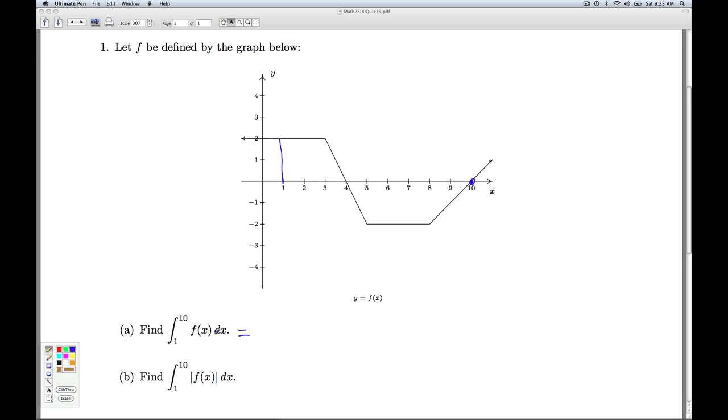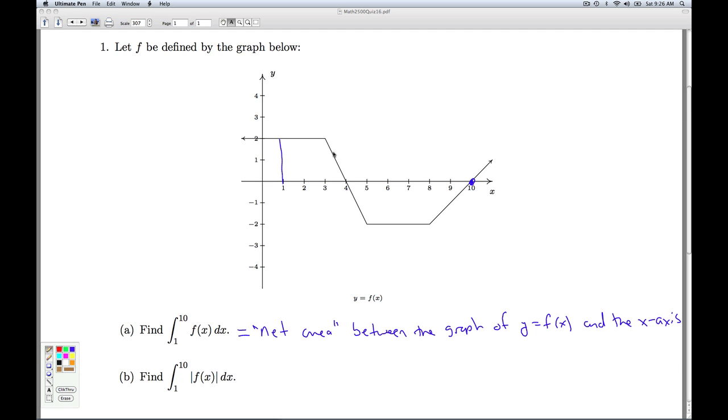So remember how we can geometrically interpret the definite integral of a function. This is the net area between the graph of y equals f of x and the x-axis. So what does net area mean?